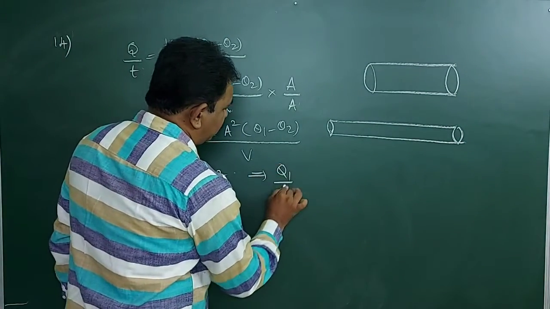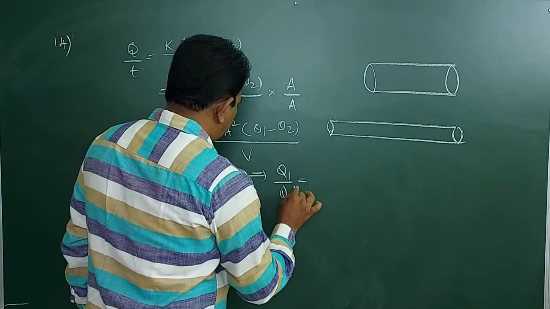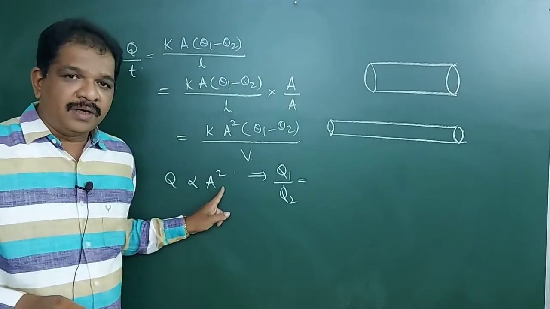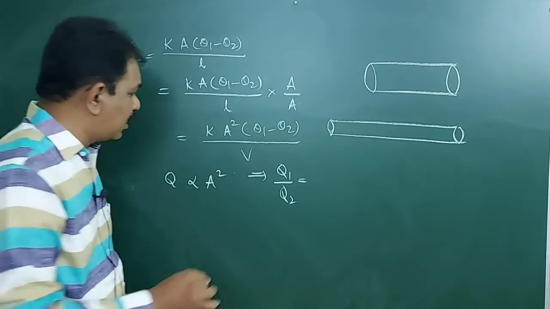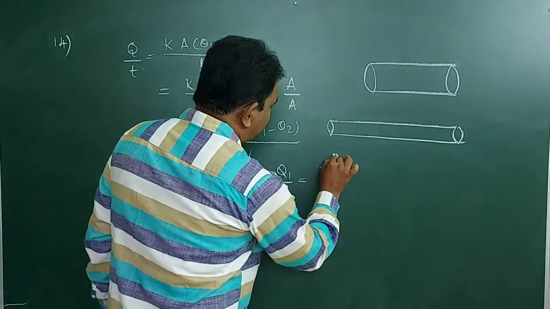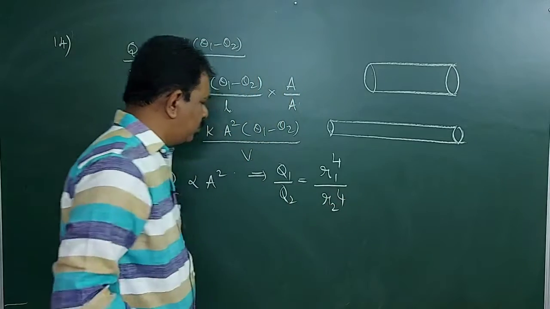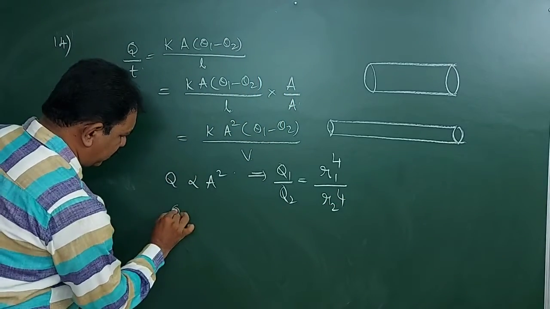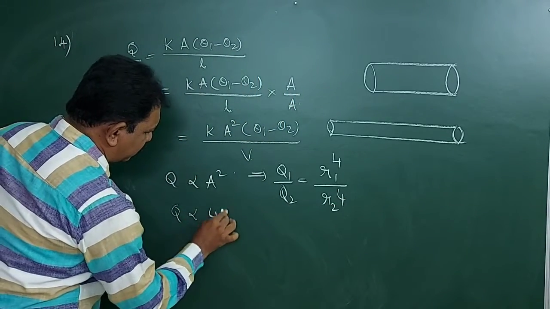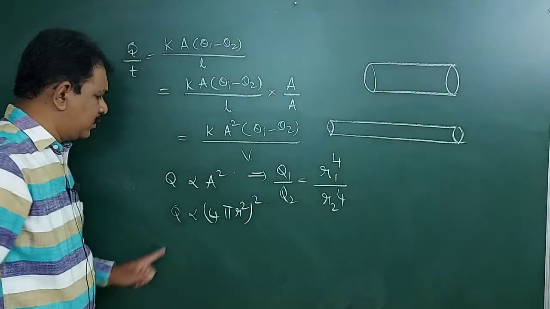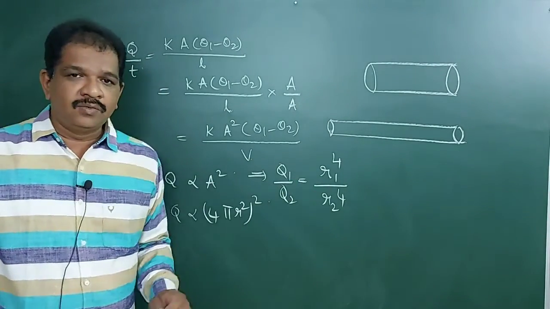Q1 by Q2 is equal to, here A is 4 pi R square, so it will be R power 4: R1 power 4 by R2 power 4. How did that come? Q is proportional to (4 pi R square) whole square, so Q is proportional to R power 4.